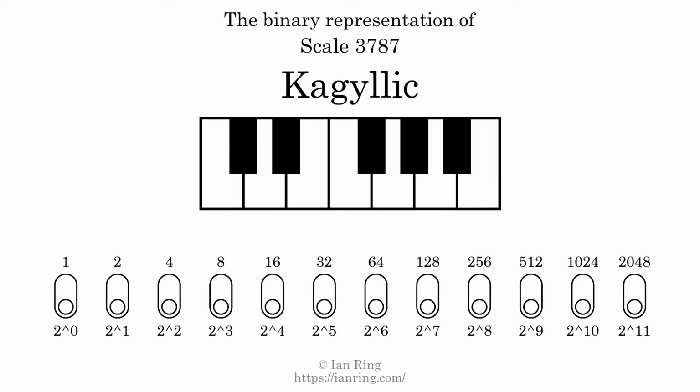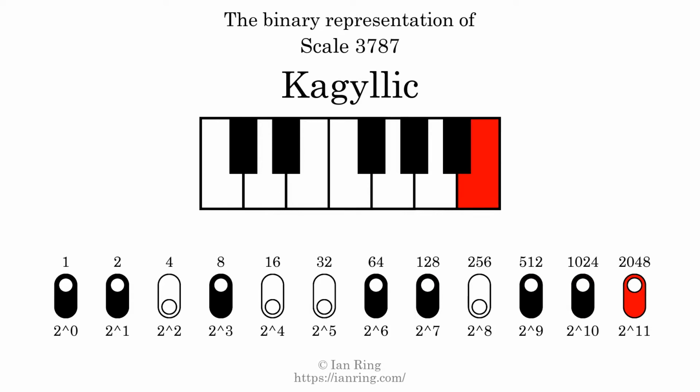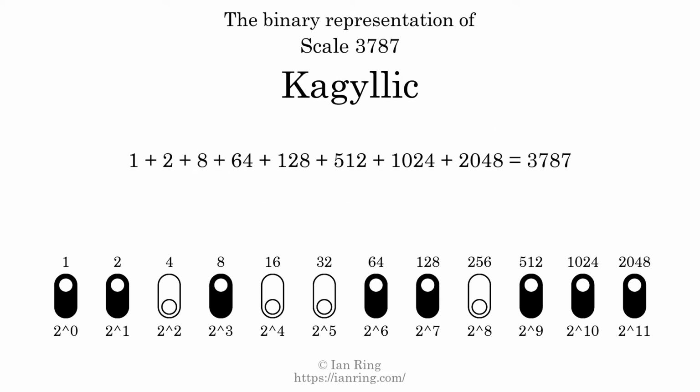The binary representation of this scale is determined by mapping tones of the scale to binary digits. Each binary digit represents a power of 2. To get the scale number, we add the powers of 2 together. The powers of 2 that are present in the scale, all added together, equals 3787.